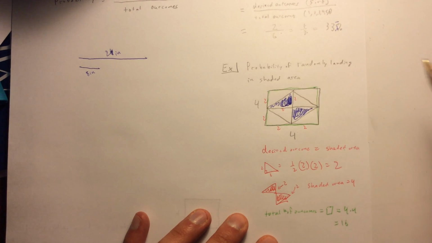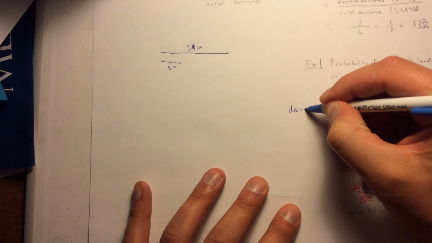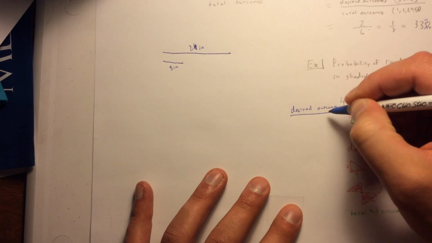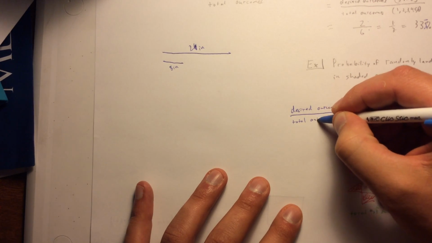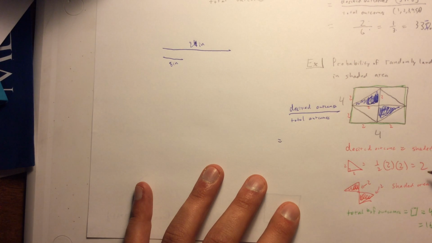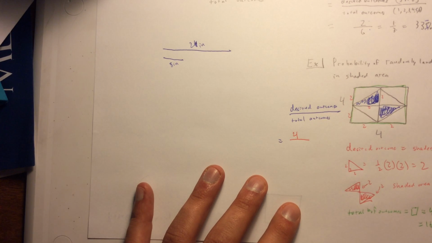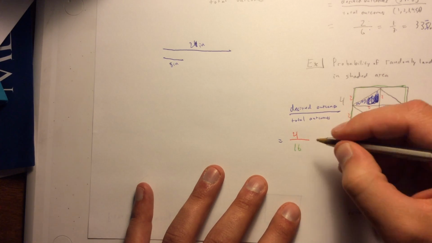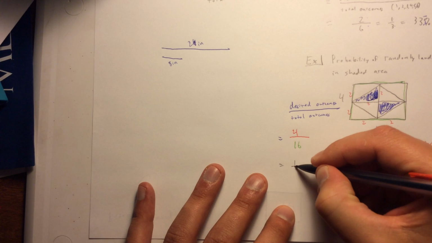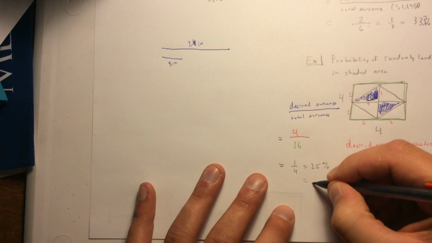So the probability is desired outcomes over total outcomes. The desired area is 4. That's the shaded spot. The total area is 16. So that's going to give us a 1 in 4 chance, which is 25%, or 0.25.